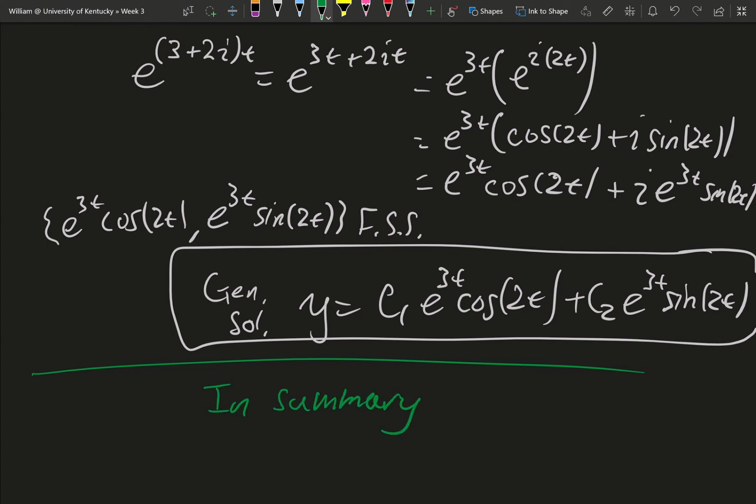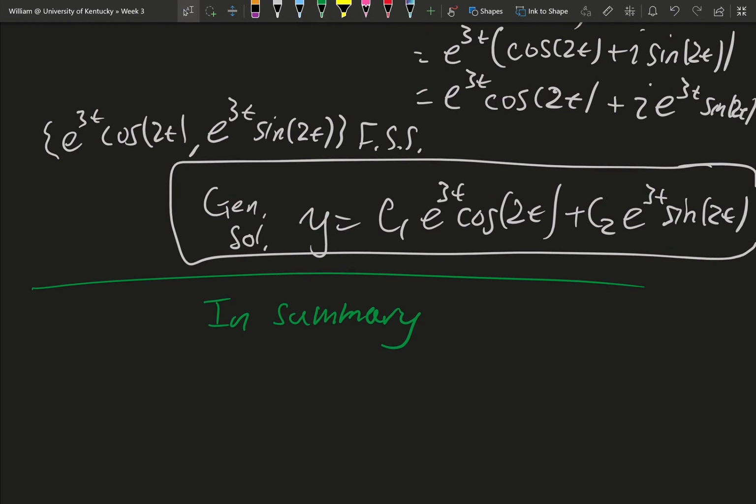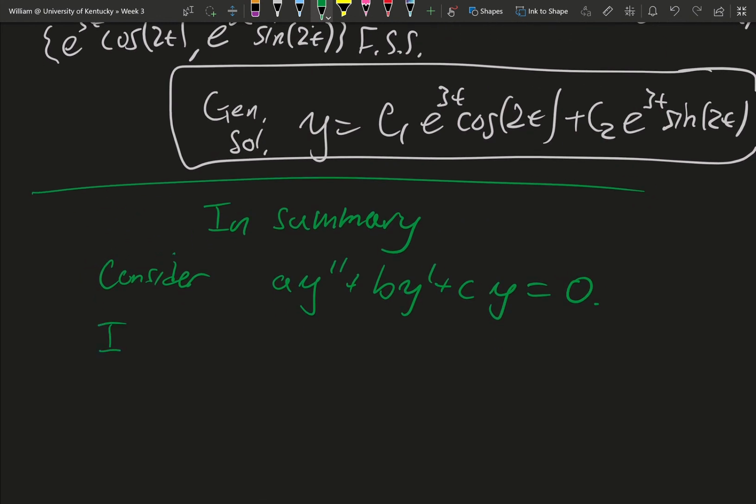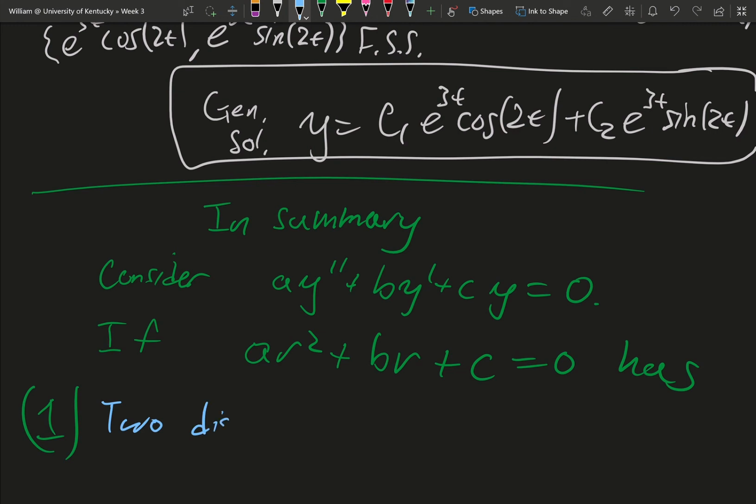All right, so in summary, if we consider the characteristic equation, the first case we dealt with was 2 distinct real roots.